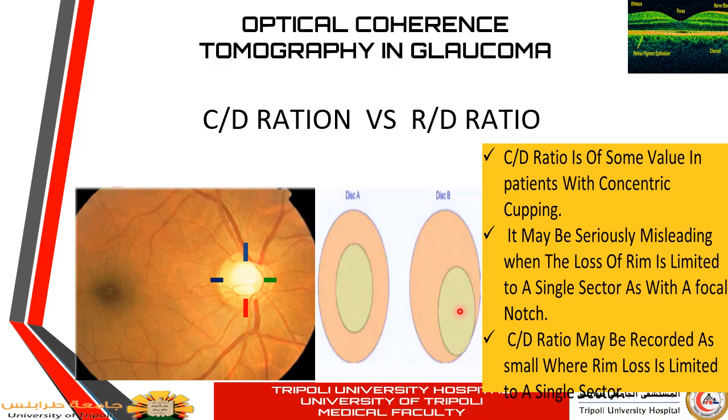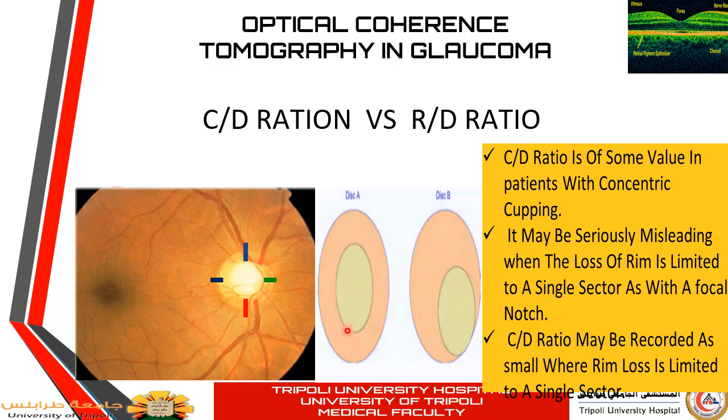However, now there is talk about the rim disc ratio rather than the cup disc ratio. We will explain in the next slides how to determine the rim diameter and the hypothesis behind the rim disc ratio. Another thing, the cup disc ratio doesn't take into consideration the size of the optic disc, and it might be of some use in concentric cupping.